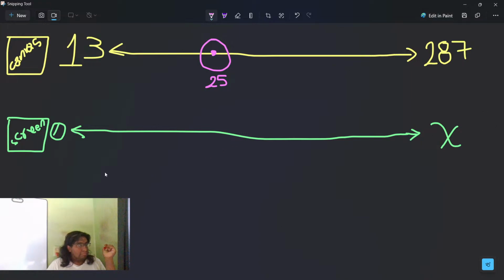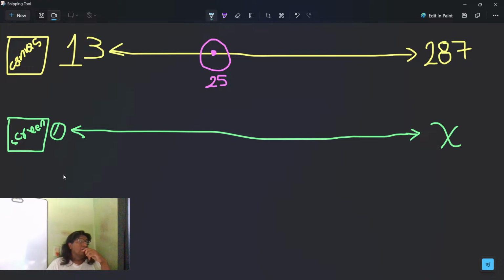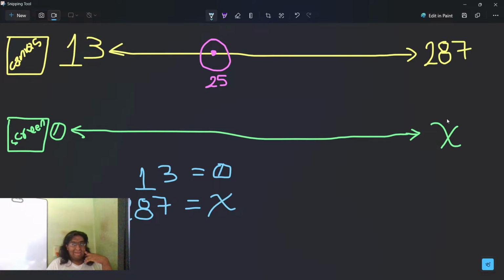Well, we will say that 0 is 13 and 200. 287 is equal to x.